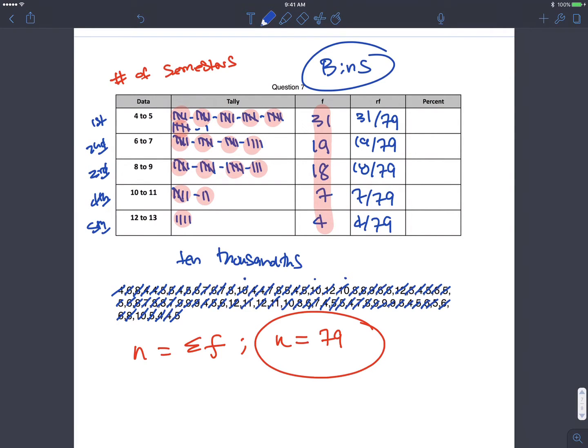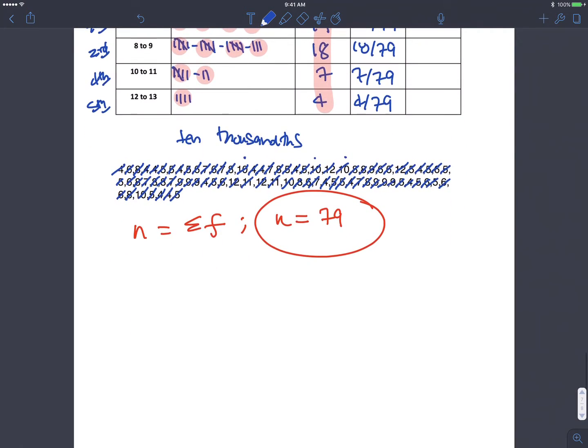Let's do this. 31 divided by 79. So we get 31 divided by 79 is approximately 0.3924. We're going to approximate to the fourth decimal there, and we look at the digit to the right, which is a 0.